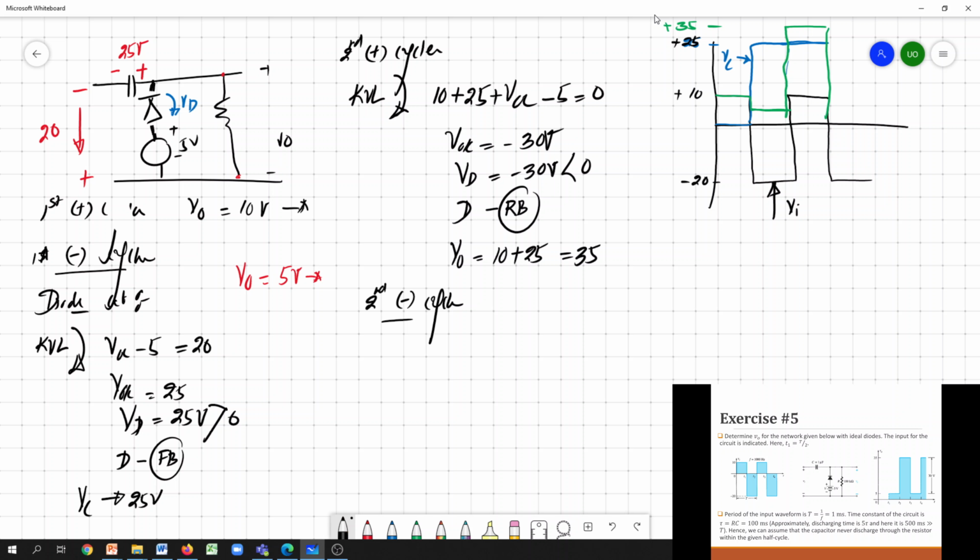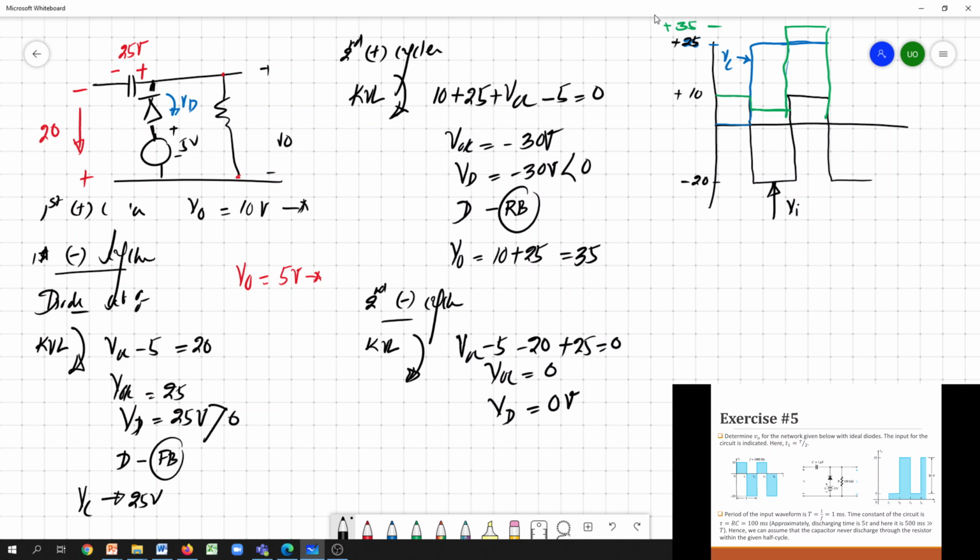So if we apply Kirchhoff voltage law, we can simply say that Vd minus 5 minus 20 plus 25 equals 0. Vd, or the open circuit voltage, sorry, VOC minus 5 minus 20 plus 25 equals 0. So the open circuit voltage is actually 0. So that is basically having a 0 voltage across its terminal.